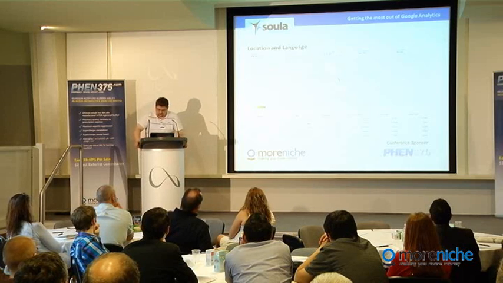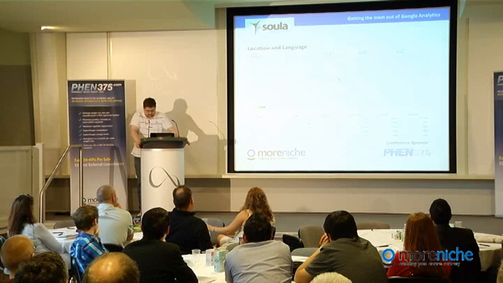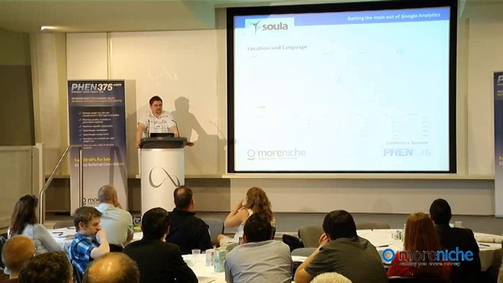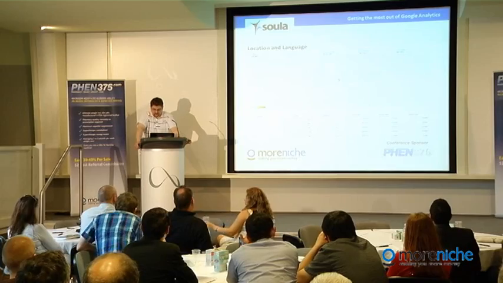And just a bit further on, location and language. You can see where your visitors are coming from. So this helps find any errors that you might be having if you're targeting a specific country. This example here doesn't show up that great, but you can definitely see the UK there. This is a UK site, so we really want to see the UK as dark as possible.